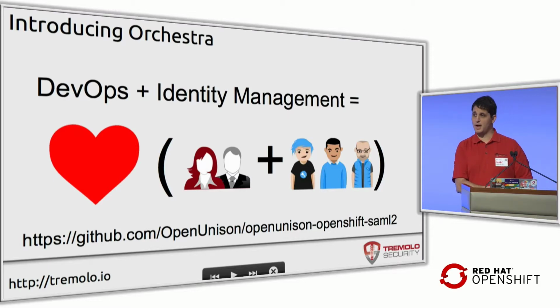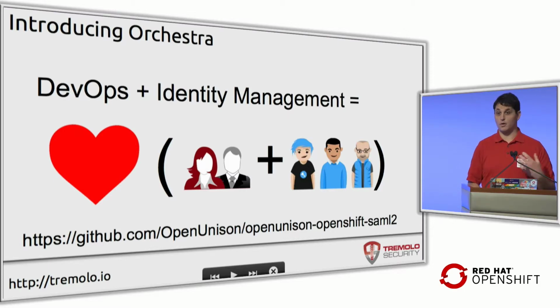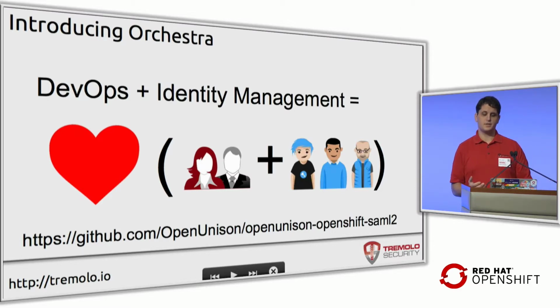You want to keep track of dormant users, users that haven't logged into the system for 30, 60, 90 days. We help you add that as well. Now you might ask yourself, those are things that our Active Directory or identity management group does, and that's not necessarily in our wheelhouse on the DevOps and OpenShift side. But here's the thing: you want to be able to move quickly and get things done quickly.